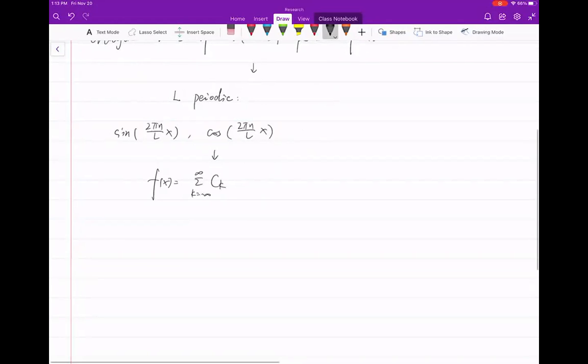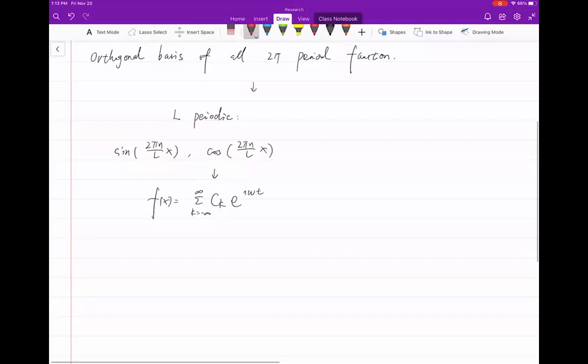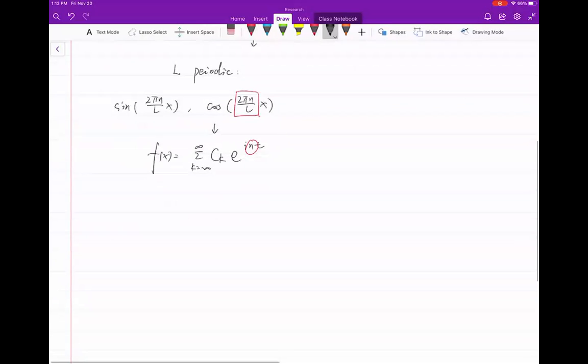But this time you just have c, and meanwhile you have e to the i n t. This n is nothing but the frequency. This time it goes from negative infinity to infinity, and it's complex. And finally, we say we can extend it to the continuous case.